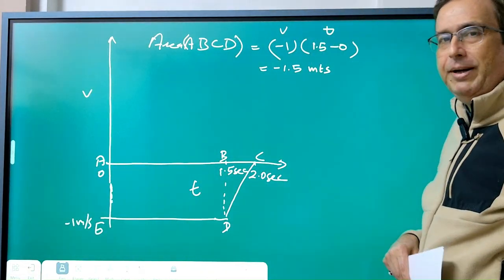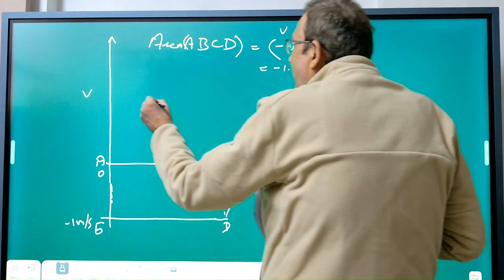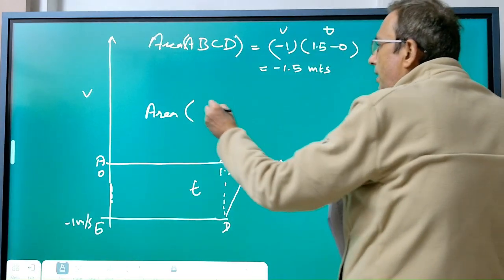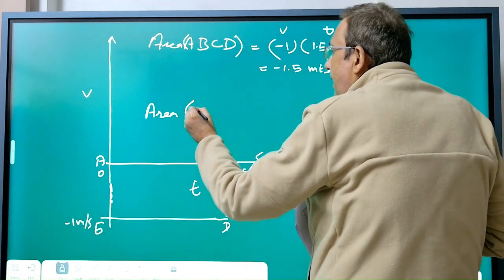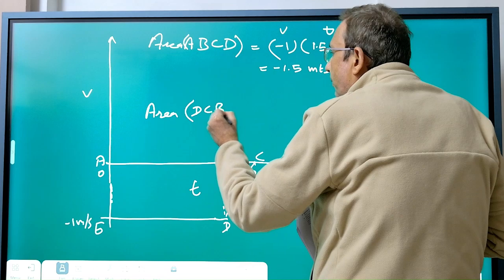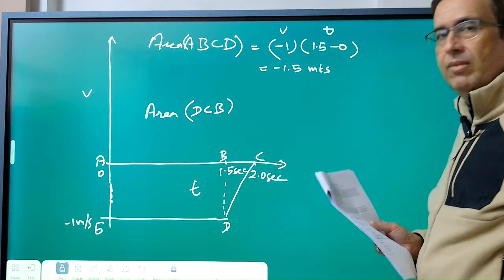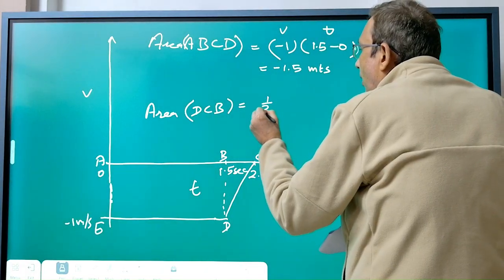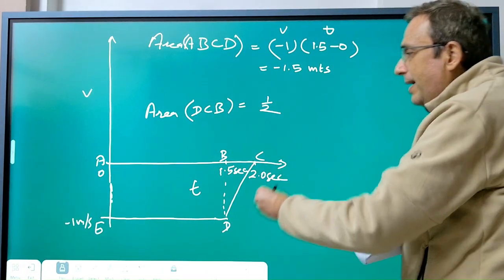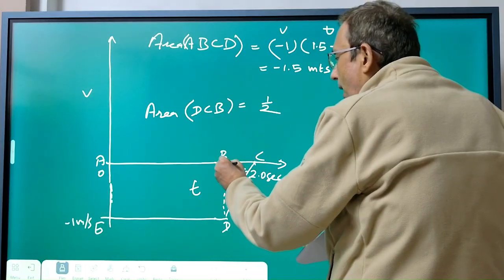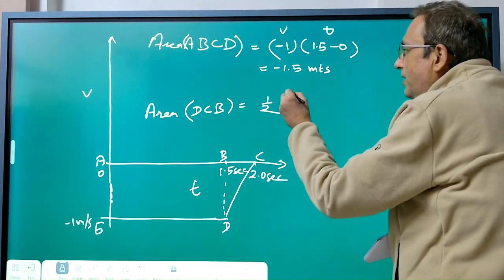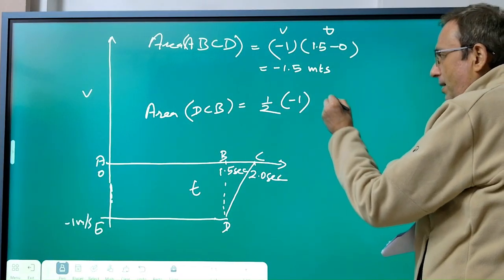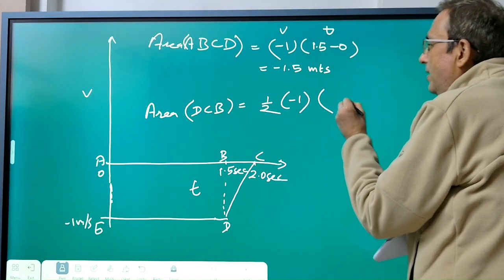And what about from point B to C? So that would be the area of triangle BCD, and it would be nothing but half times the base times the height. First of all, height is -1, and what about the base? Base is 2 minus 1.5.